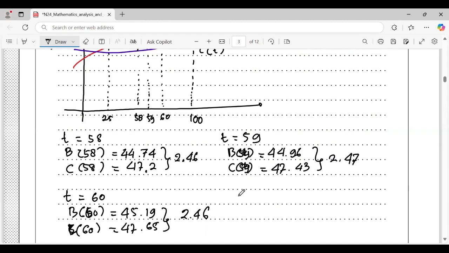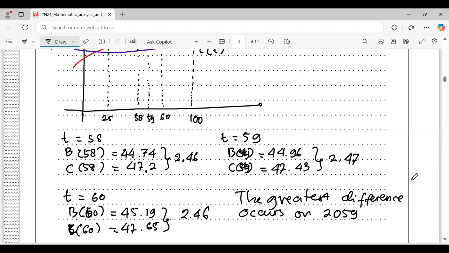The conclusion is that the greatest difference occurred in 2000 plus 59, in the year 2059.